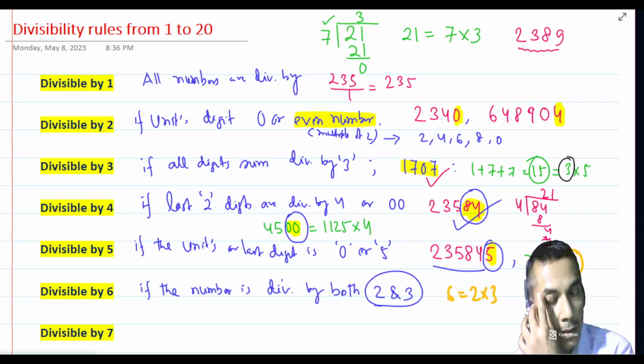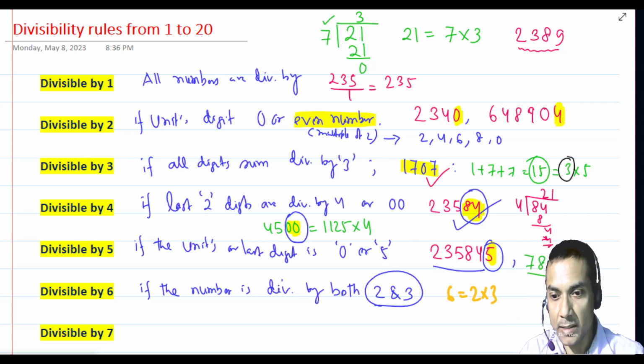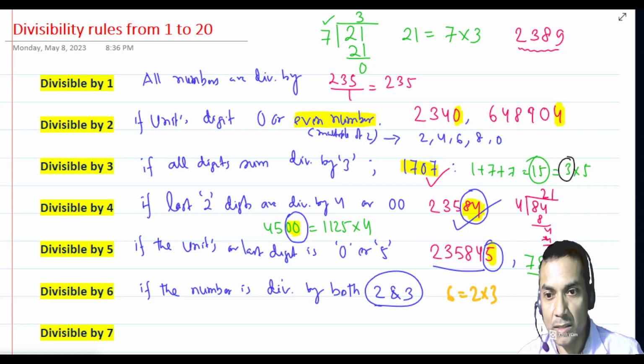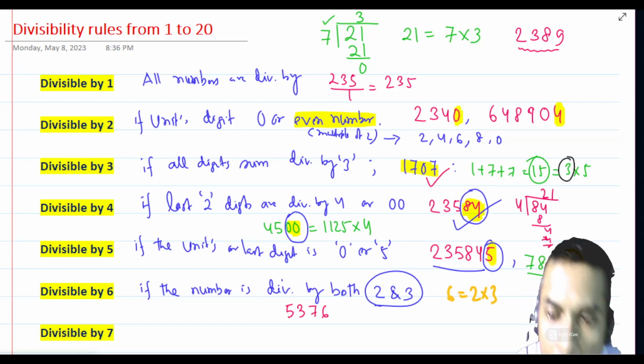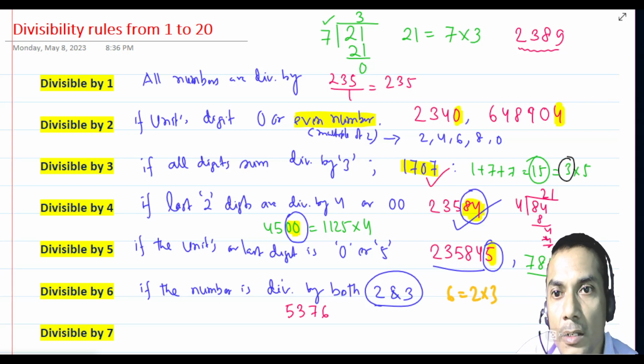Clear? So I give you one example: 5376. How can you check whether this number is divisible by 6 or not?